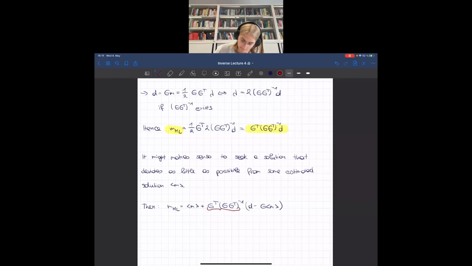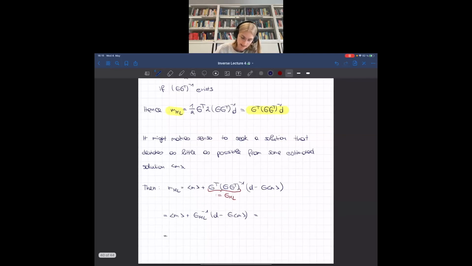So we defined this thing here to be G_ML, sort of like minimum length operator. And in this notation, we then have m plus this G_ML inverse of d minus G m, which is the same as G_ML inverse times d plus I minus this funny operator to the inverse times G times m.